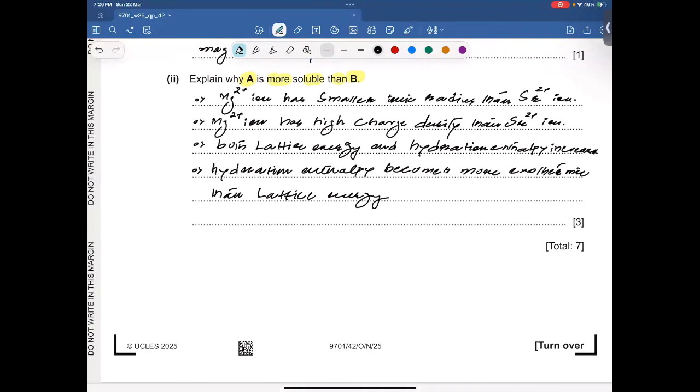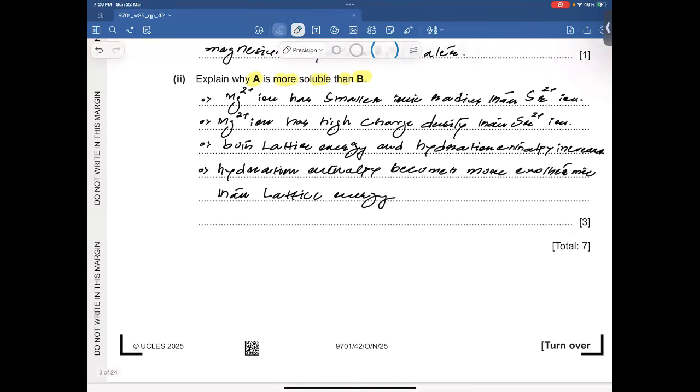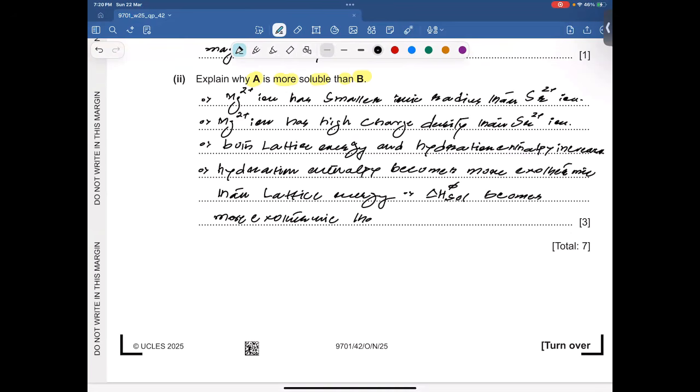If hydration enthalpy becomes more exothermic than lattice energy, then it means the standard enthalpy change of solution becomes more exothermic than that of strontium sulfate.